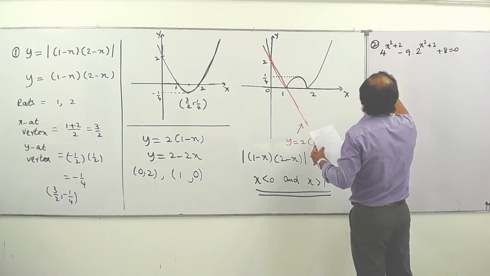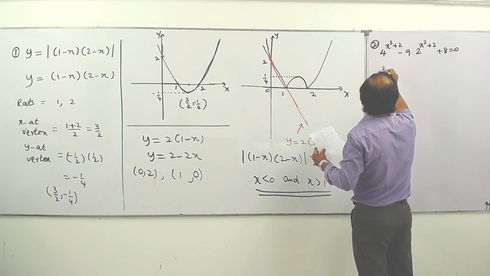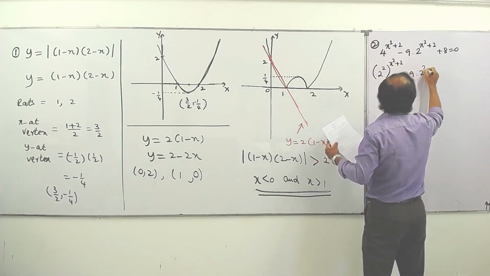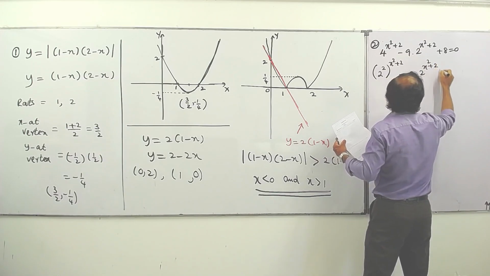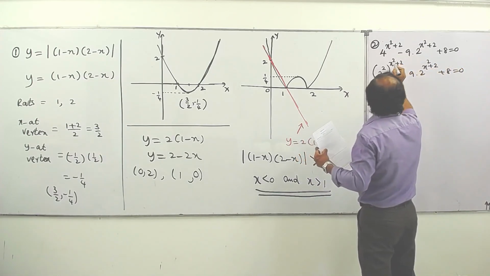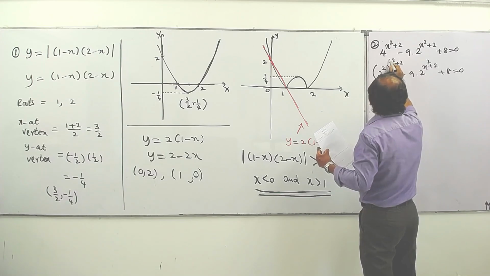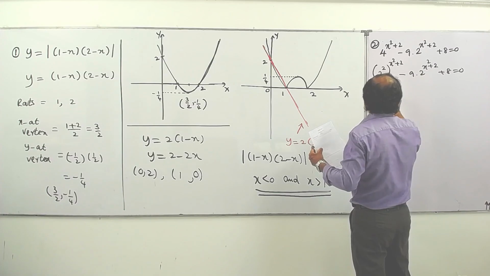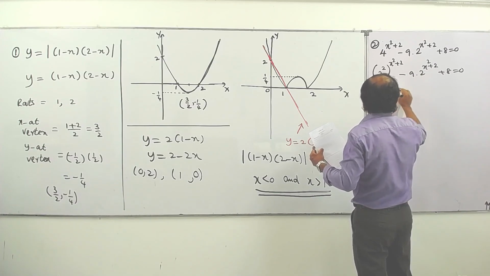I can write this 4 as 2 to the power 2. I can write that x squared plus 2 this way. Even I bring this power x squared plus 2 inside, like this.